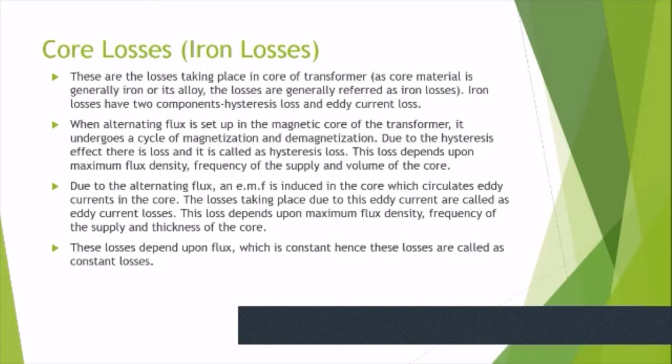Due to alternating flux, an EMF is induced in the core, which circulates eddy currents in the core, and the losses taking place due to these eddy currents are called eddy current losses. These losses depend upon the maximum flux density, the frequency of the supply and the thickness of the core.